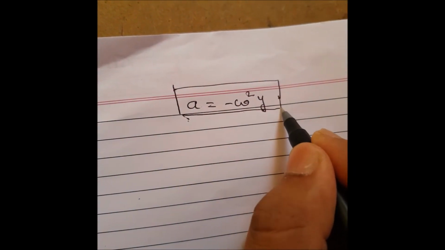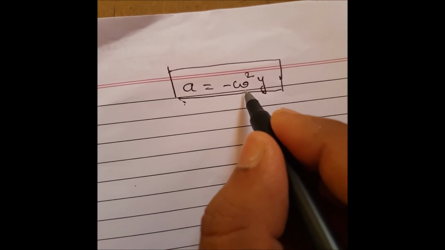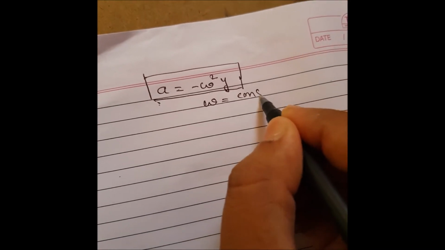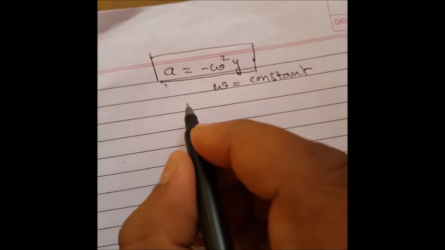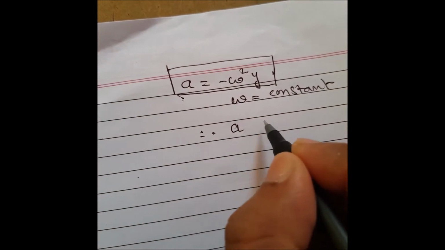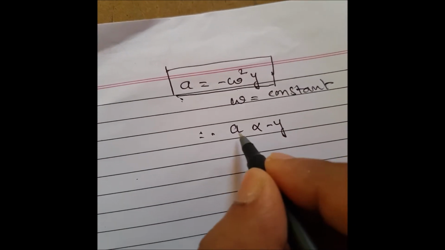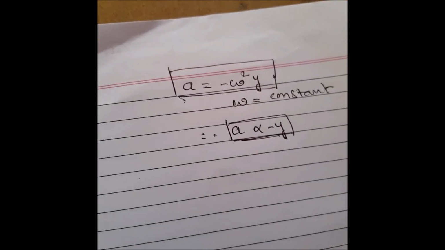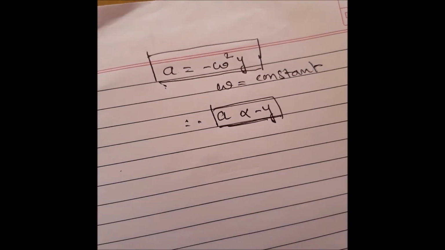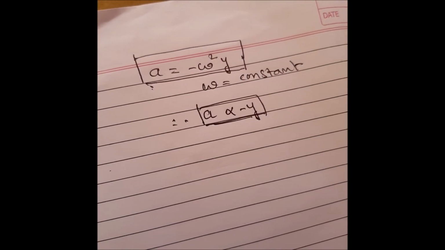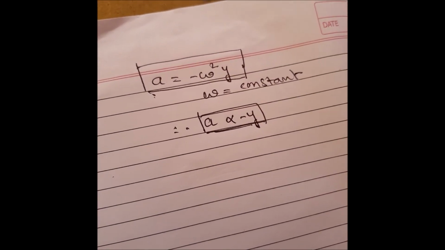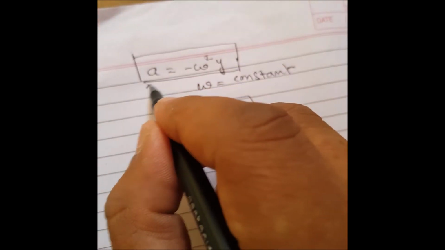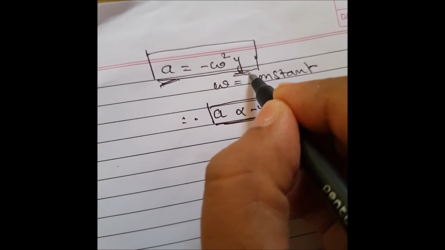In the beginning I already discussed that in uniform circular motion, omega, the angular velocity, is constant. Therefore the same equation can be written as a proportional to minus y, which is nothing but the condition of SHM: acceleration is directly proportional to displacement and in the opposite direction. This equation represents the relation between acceleration and displacement.